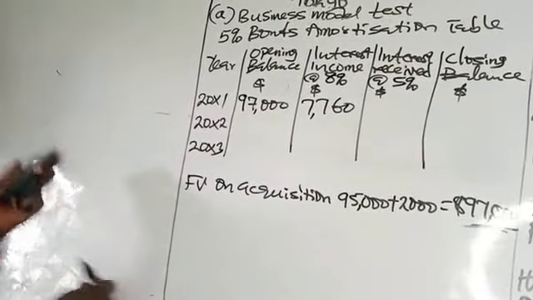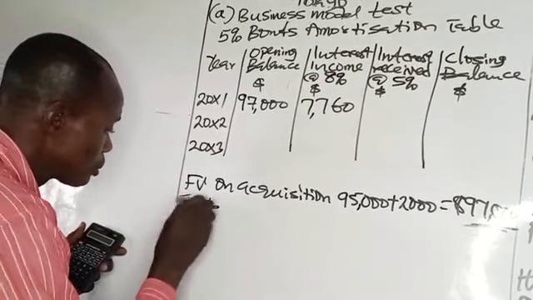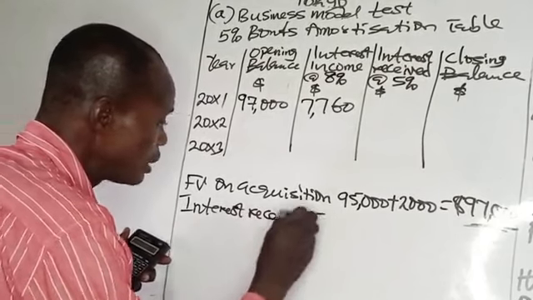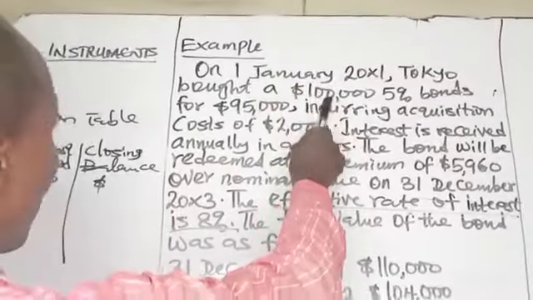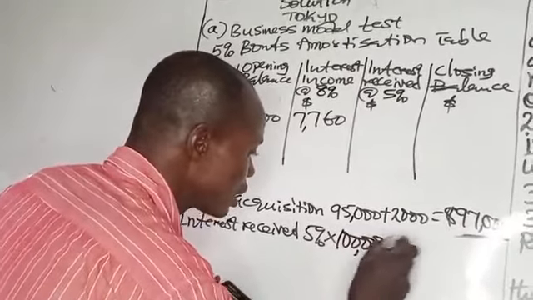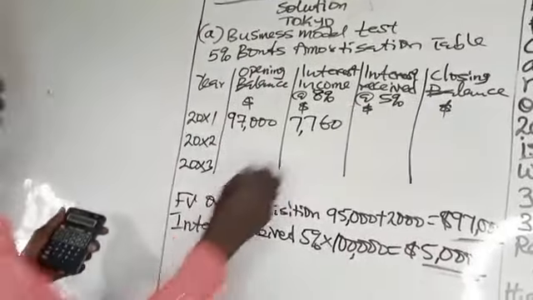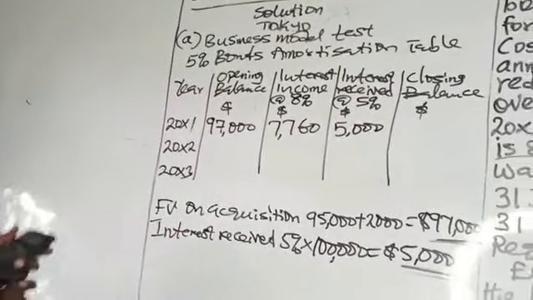Then interest received at 5%, and that is always calculated on the nominal value, which is 100,000. That gives us $5,000, and that will remain constant.